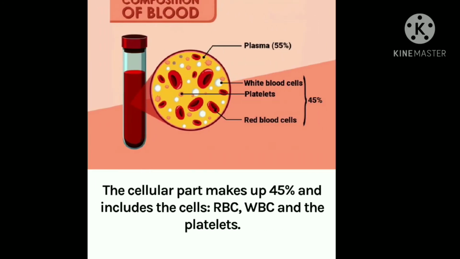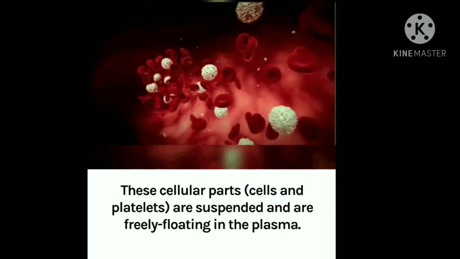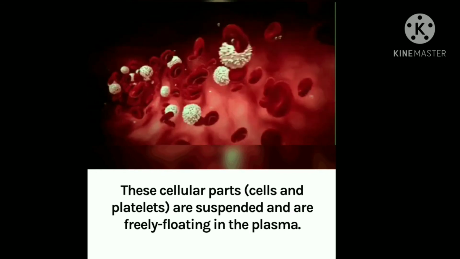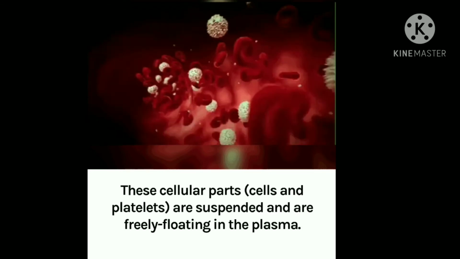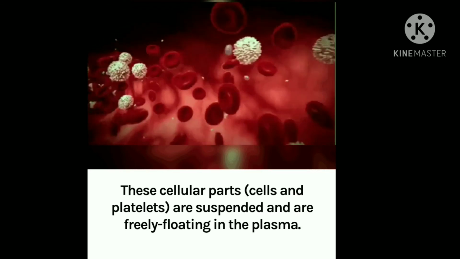Now we will see the composition of blood. The cellular part makes up 45% and includes the red blood cells, white blood cells and the platelets. Cells and platelets are suspended and freely floating in the plasma.